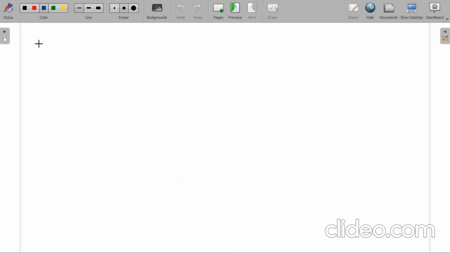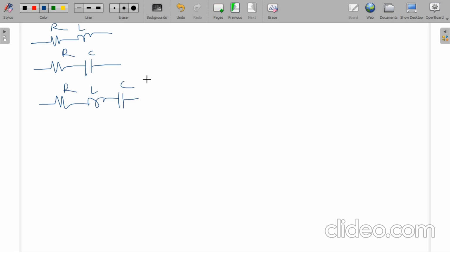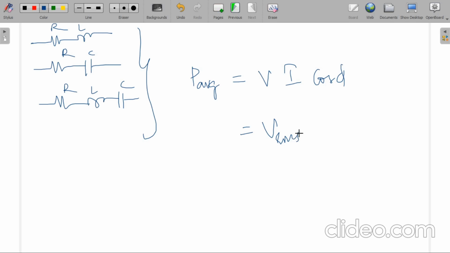Now coming to RL load, RC load, RLC loads. If you use any one of these three loads, the average power will be VI cos phi, means here Vrms, Irms cos phi.